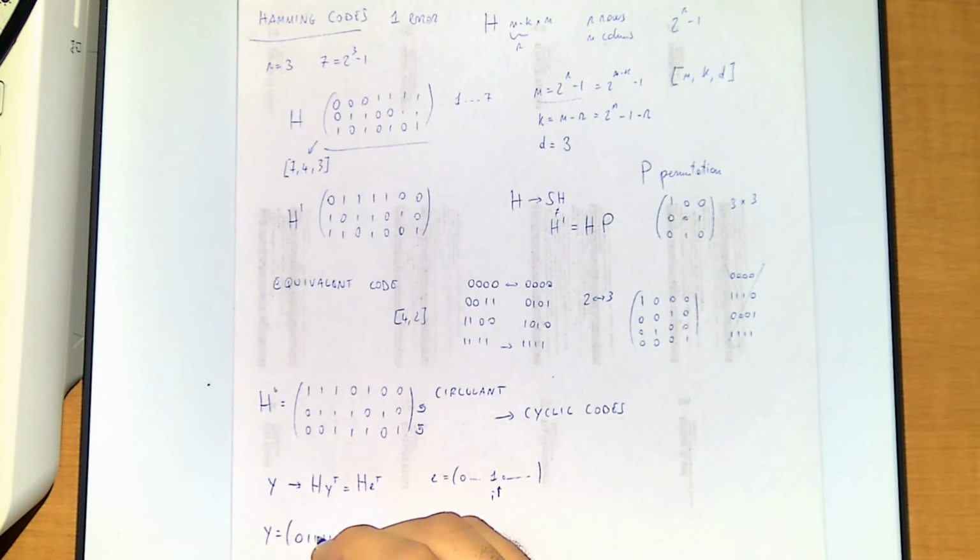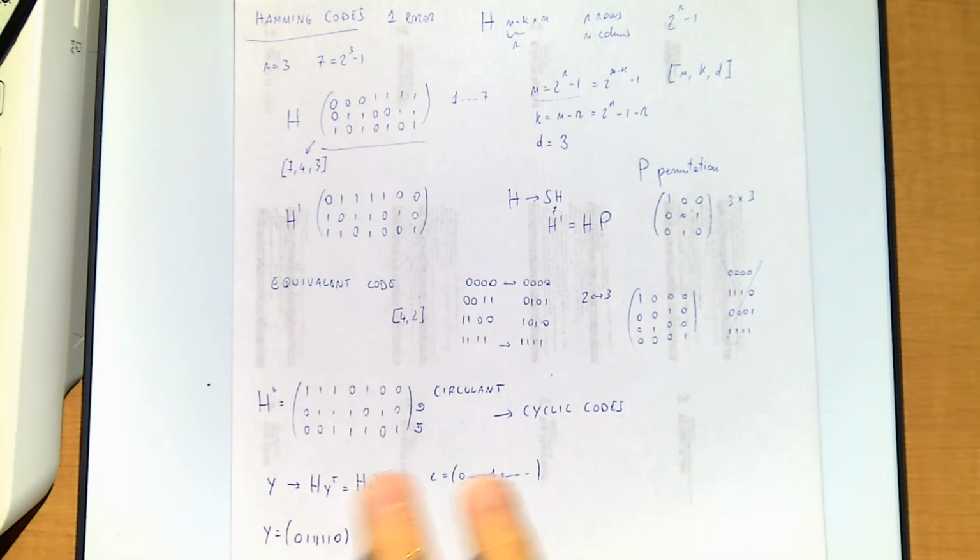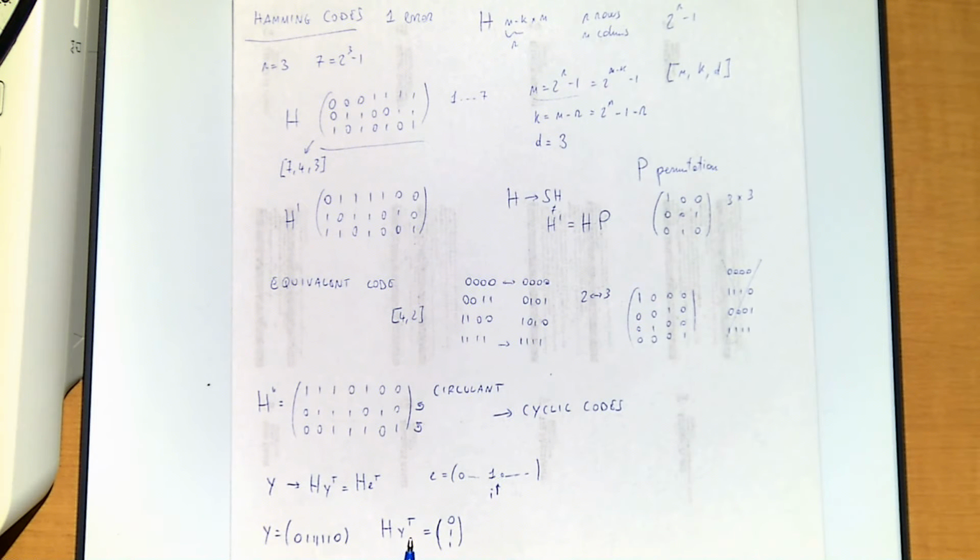There's another one missing. It should be length 7. This is your received word. What you do is compute H times y transposed. So transpose this, multiply with the matrix. That gives you the vector. I should write it as a column because this is a 3 by 7 and this is a 7 by 1, so you get 3 by 1. So you get this column here.